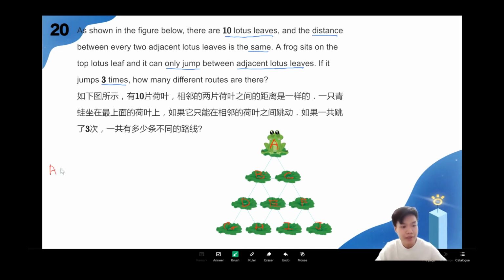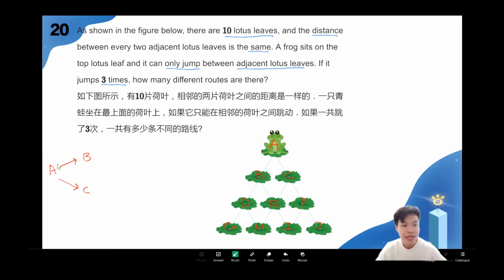From A, it can jump to B, it can also jump to C. Since B and C are 2 similar patterns, we only need to count the number of possible jumps on lotus leaf B and then times 2 to get C as well, which is the total.